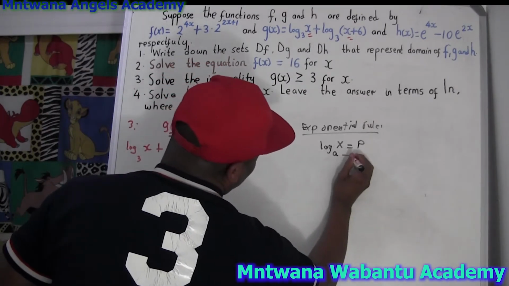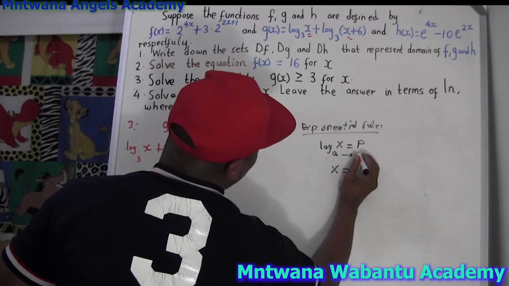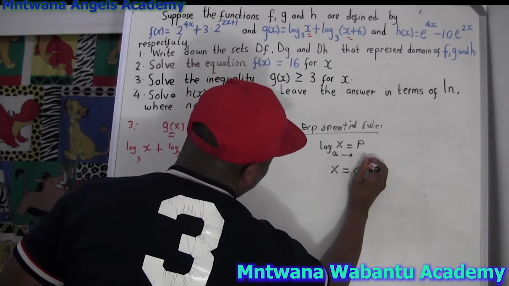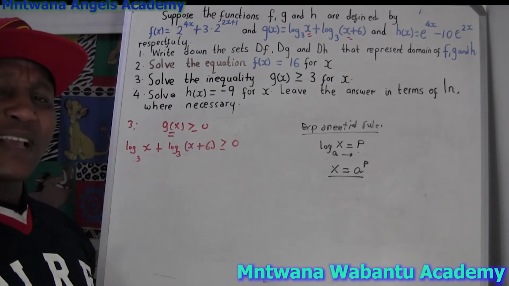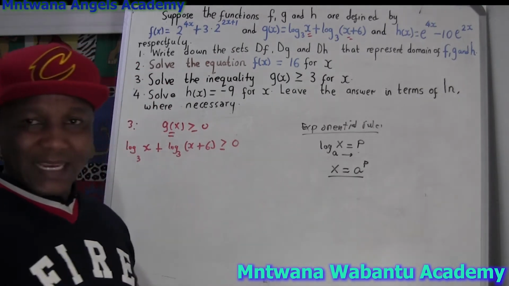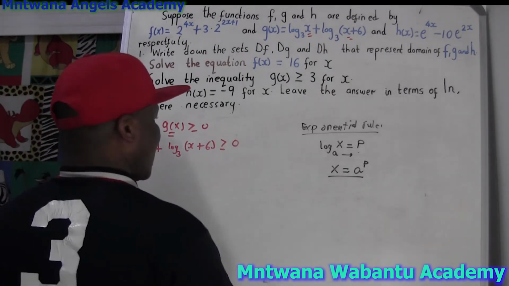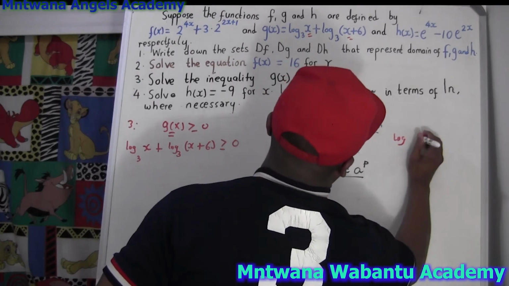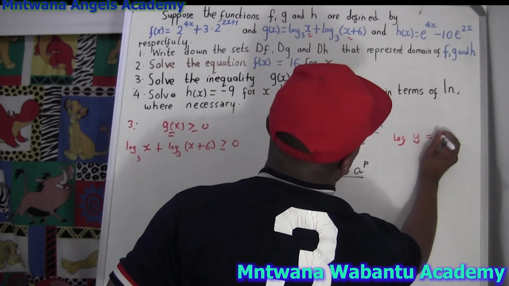So I'm left with only x, and then a comes here, and p goes to the top. You see it was log, it became exponential. How am I going to know when to apply the exponential rule? You apply exponential only when you have a log on one side. So if somebody gives, let's say, log of y equal to 0.